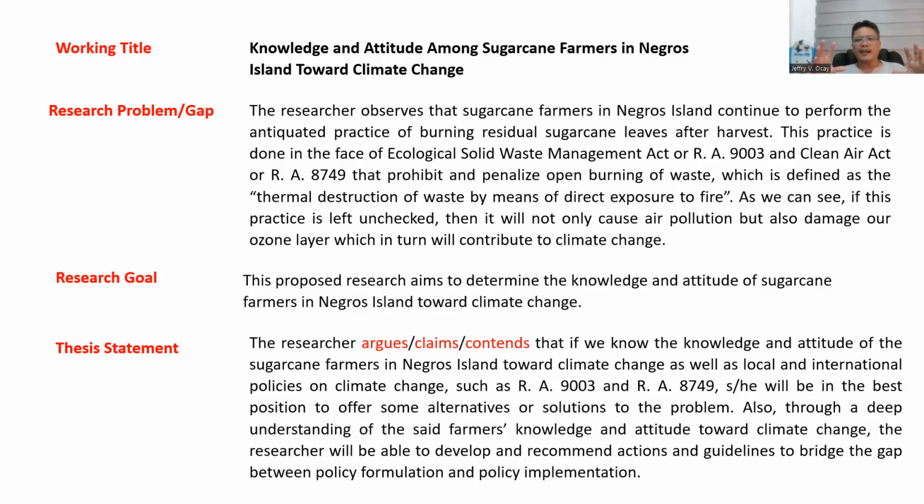And so if that's one of the findings of the research, that some of the owners of the haciendas, of the sugarcane plantations, are also government officials, then I could recommend as a researcher that it's about time that the national government should intervene because there is inconsistency here. There is a gap between policy formulation and policy implementation. Or in other words, there's a problem in terms of policy implementation in Negros Island because the local officials are also the owners of the haciendas.